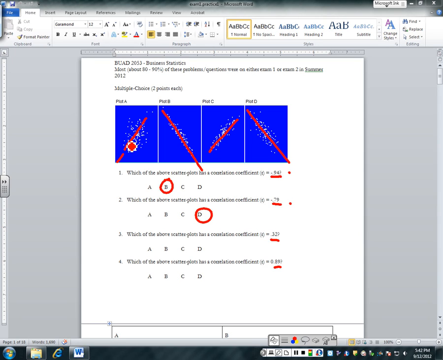So plot C is going to have the higher correlation, or 0.89. So that's this one. And then plot A looks like, generally speaking, maybe a positive slope, but points quite scattered around the correlation line, or the regression line.